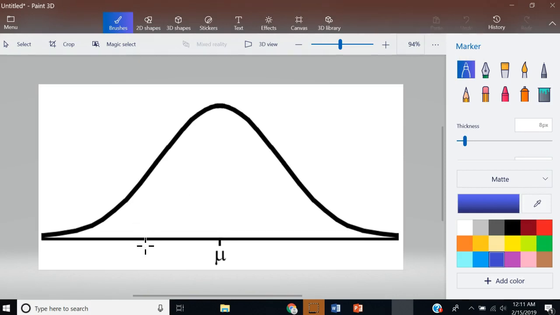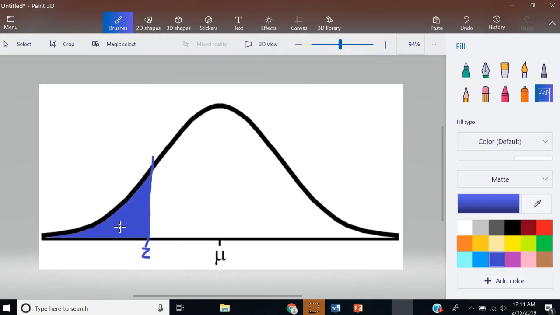There's some z value where if I draw a vertical line and then look at the area from negative infinity up to that z value, that blue area is 0.2561. Okay, so how do we find the z value?